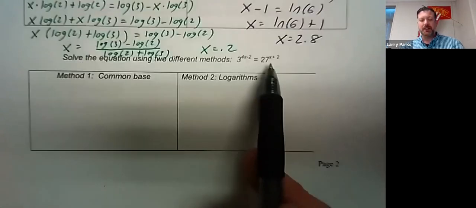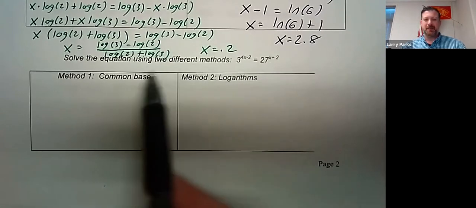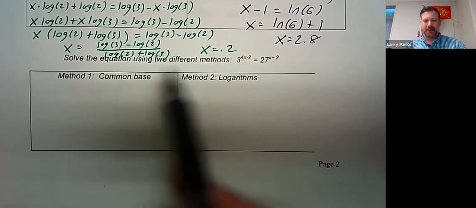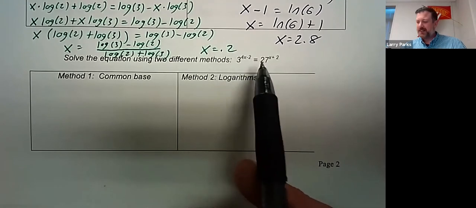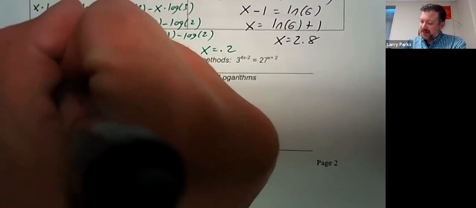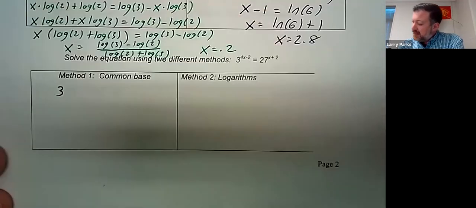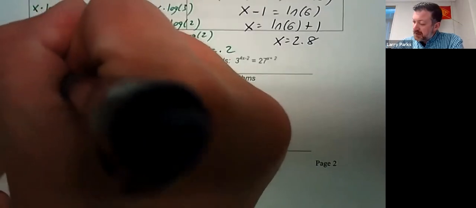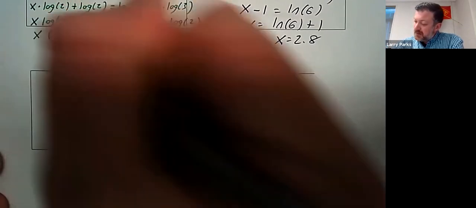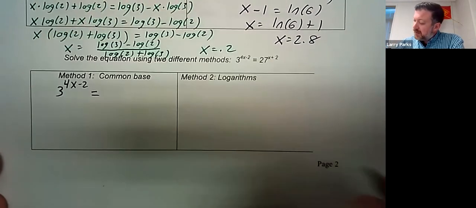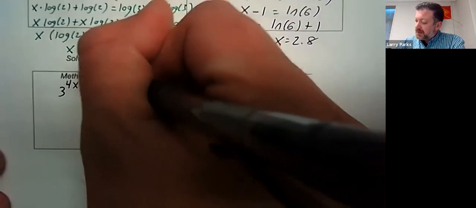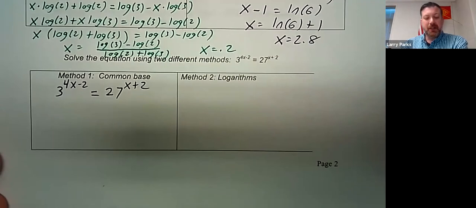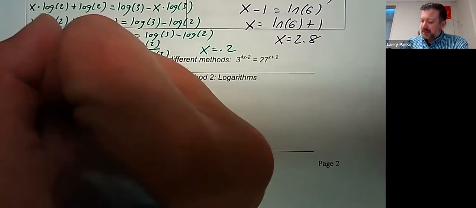we can solve this in 2 different ways. First one would be the common base. So I'm going to write 27 as 3 to the 3rd. So we have 3 to the 4x minus 2 equals 27 to the x plus 2. But I could write 27 as 3 to the 3rd.